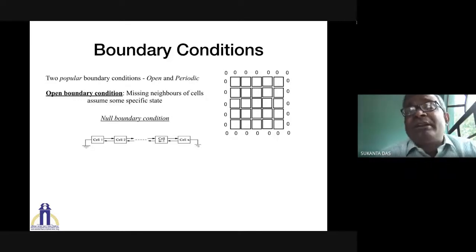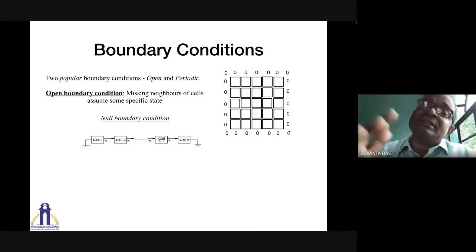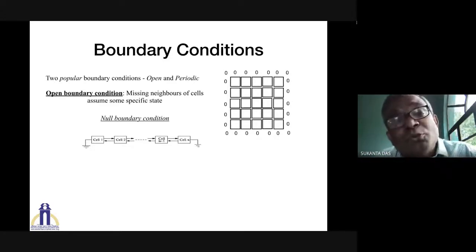In case of open boundary condition, it means the boundary is open. In that specified part, different kinds of states are assumed by the boundary cells. I mean, different kinds of states of the missing cells are assumed. Although in case of open boundary condition, the most popular thing is fixed state.